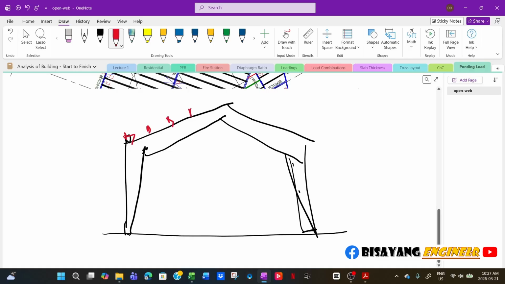You have purlins, and then you have your roof cladding.